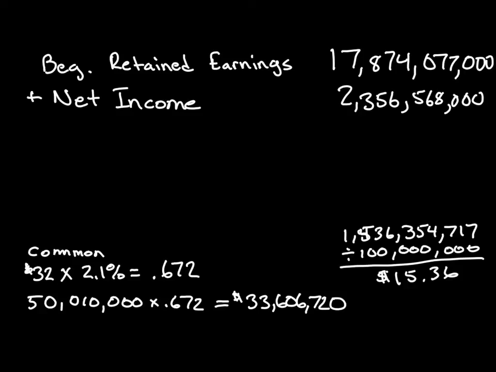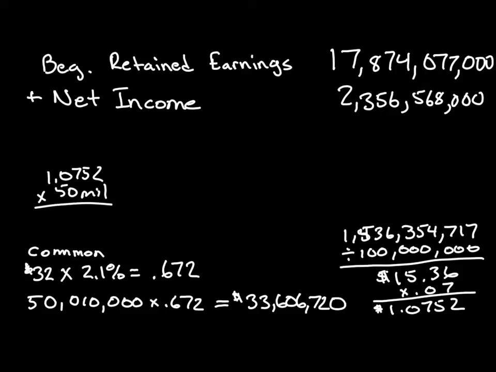And that's what each share was valued at that time. So if we take the 7% dividend, on each share of the preferred the company's paying $1.752. So if we take that $1.752 and multiply that by 50 million shares, we'll get $53,760,000.